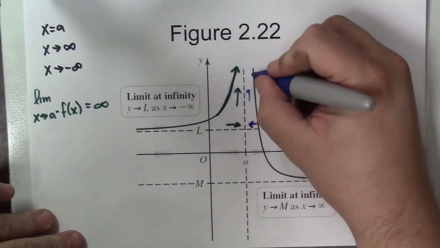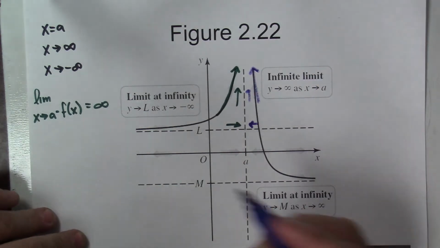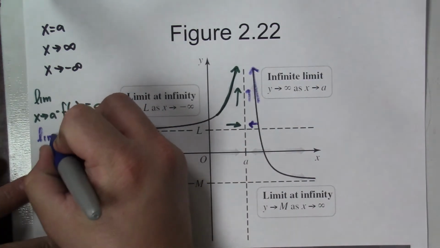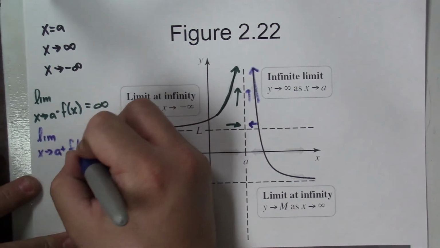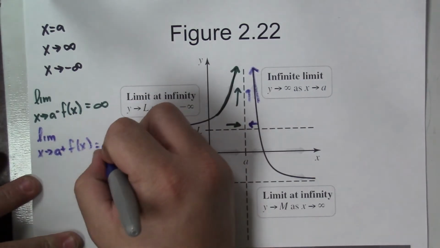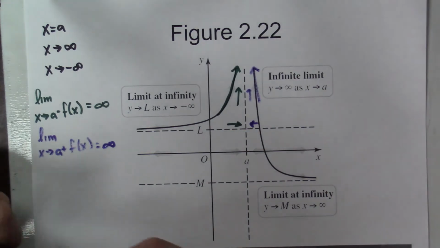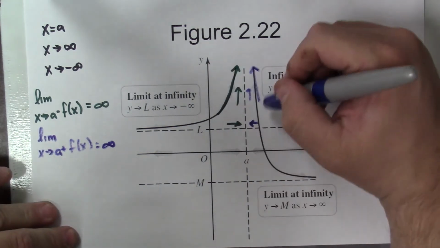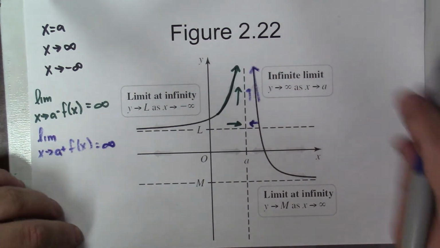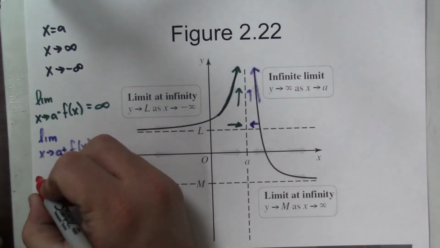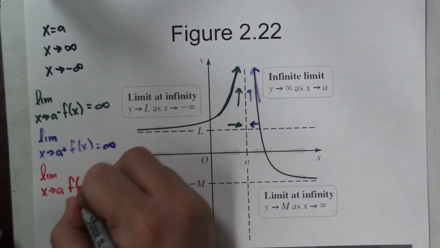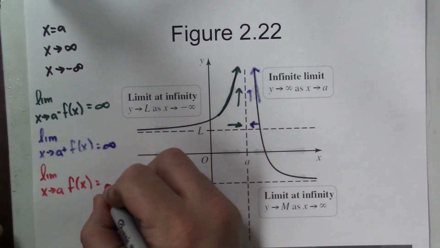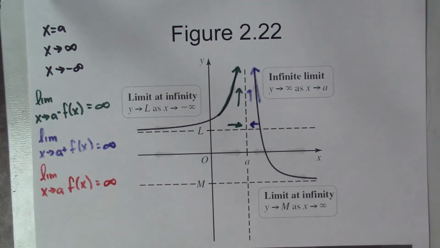Similarly, from the right, this function is increasing without bound in a positive direction. So from the left it's going up to infinity, from the right it's going up to infinity. That means the limit as x goes to a does exist, and that limit is infinity. So we have an infinite limit.